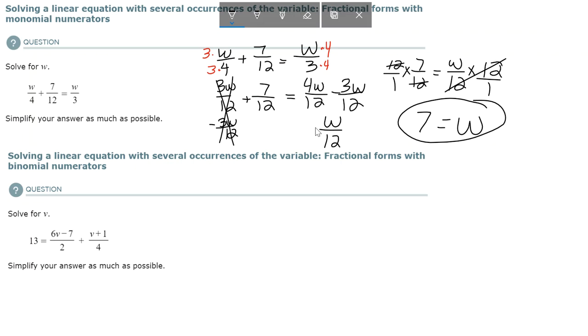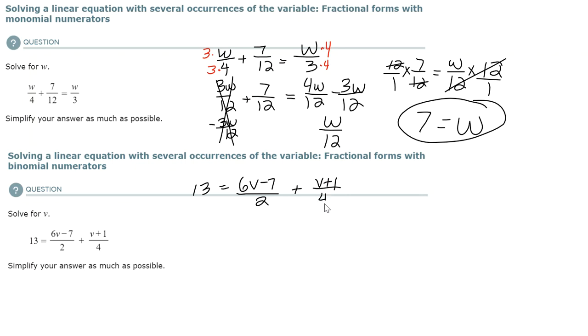And lastly, this one, a little bit more involved, so we're going to actually combine everything on the right side and then solve. So we have 13 is equal to 6v minus 7 divided by 2 plus v plus 1 divided by 4.